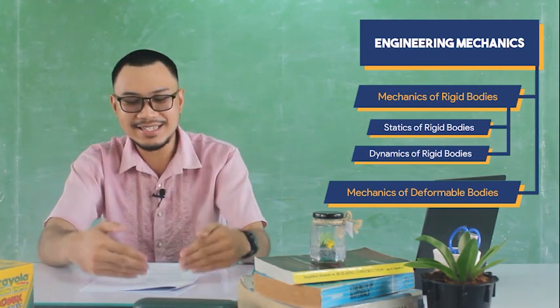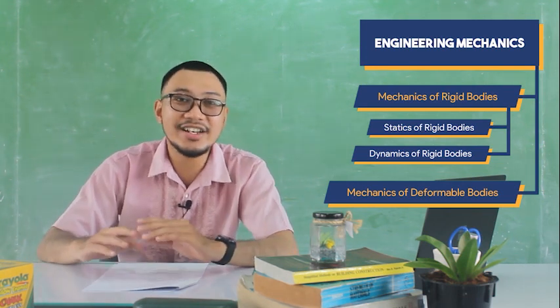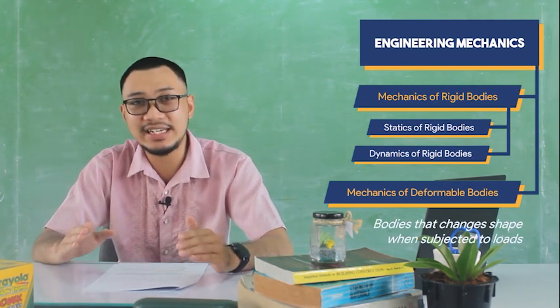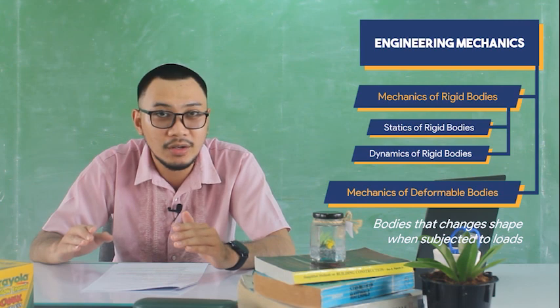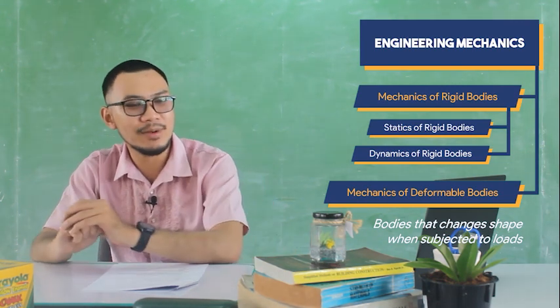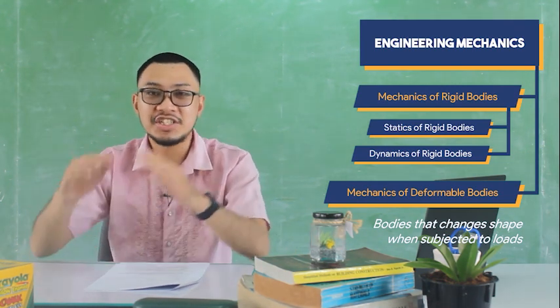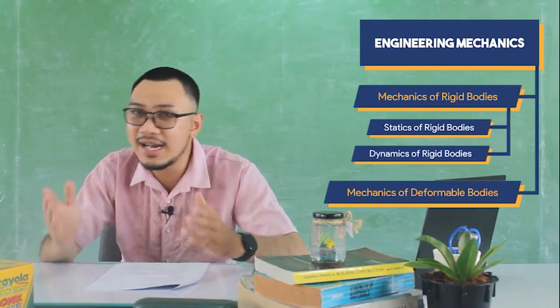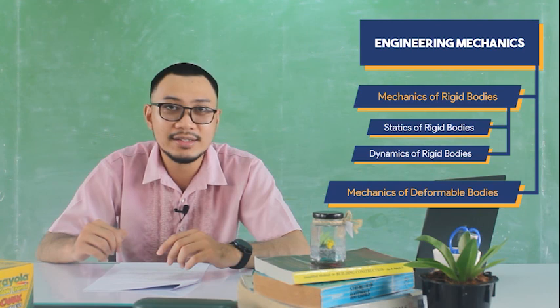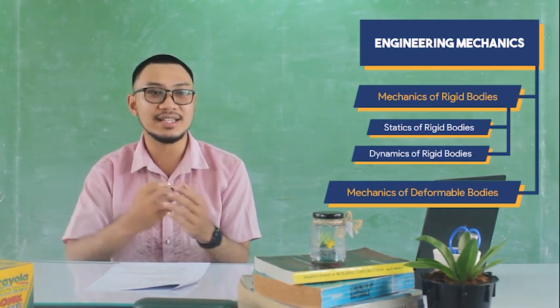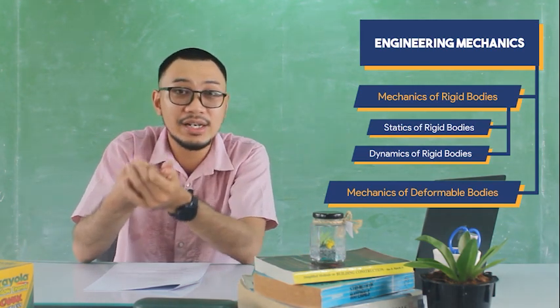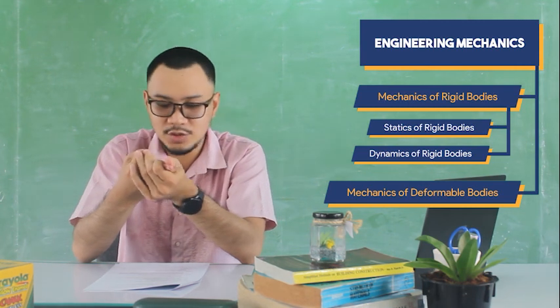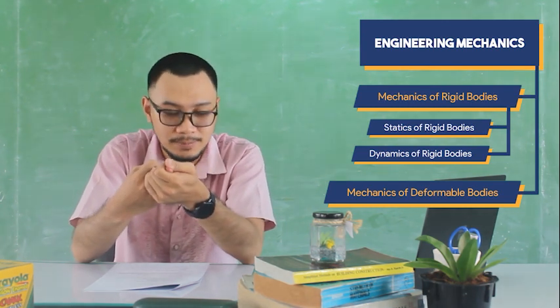But in this sub-branch, we consider all our objects, all our bodies to be deformable. Okay? So, when you say deformable, they can change shape or siguro ang pinakagrabe, they will break. So, we will deal with objects that deform and that will break. Okay? So, mo na atong mechanics of deformable bodies.